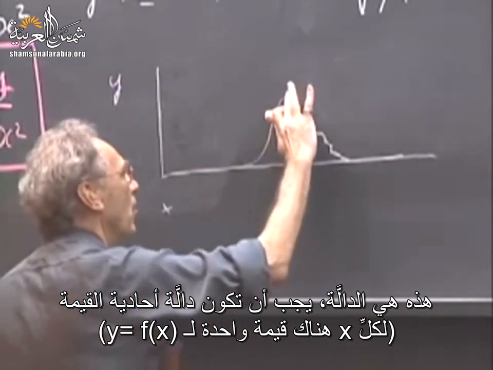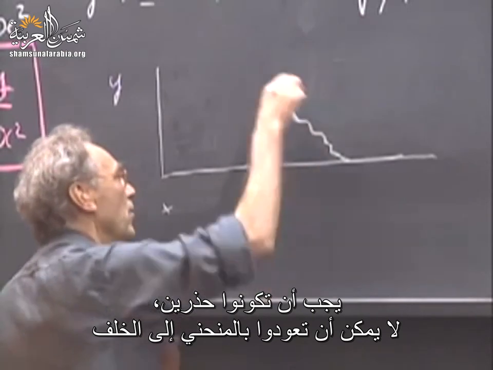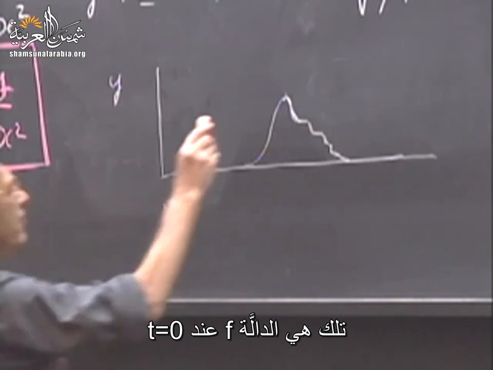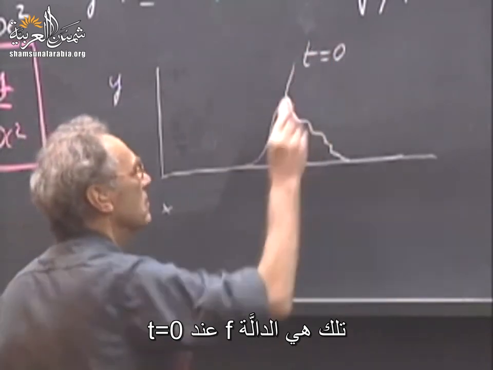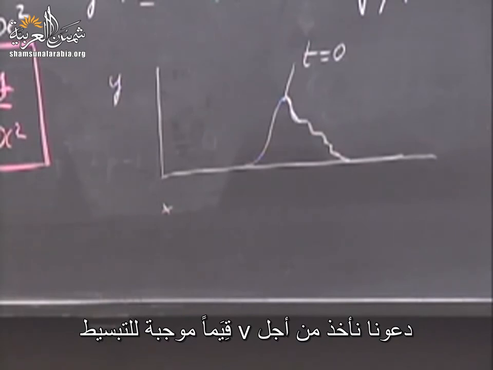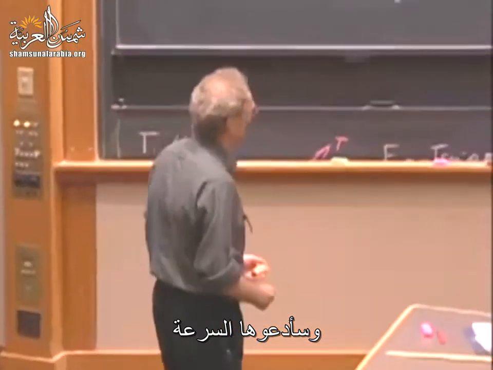Has to be single valued, though. You have to be careful. It must be single valued. You cannot go back. That's my function f at time t equals 0. Let us take for v always a positive number for simplicity. I'm going to call it even speed.